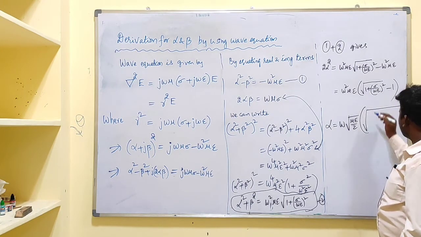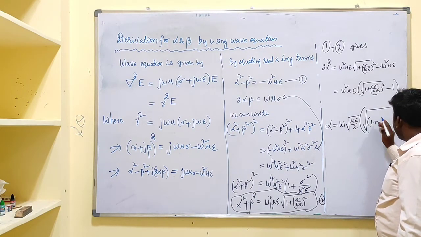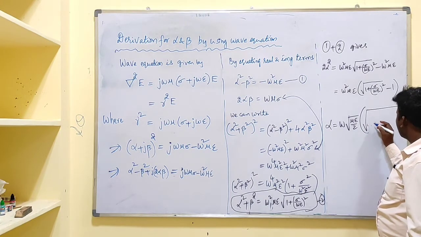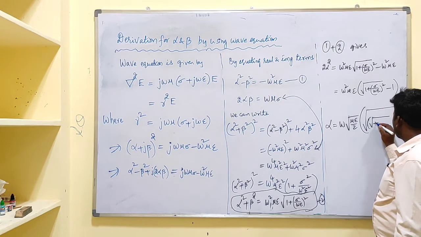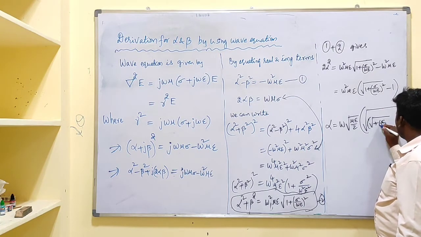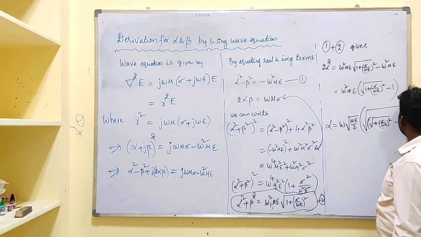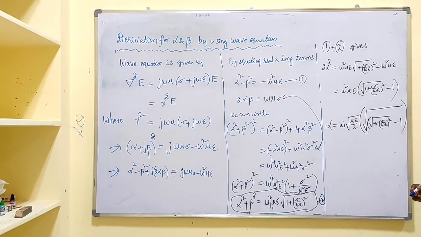The root is applied to this part, that is 1 plus sigma by omega epsilon whole square minus 1. So this is about alpha.